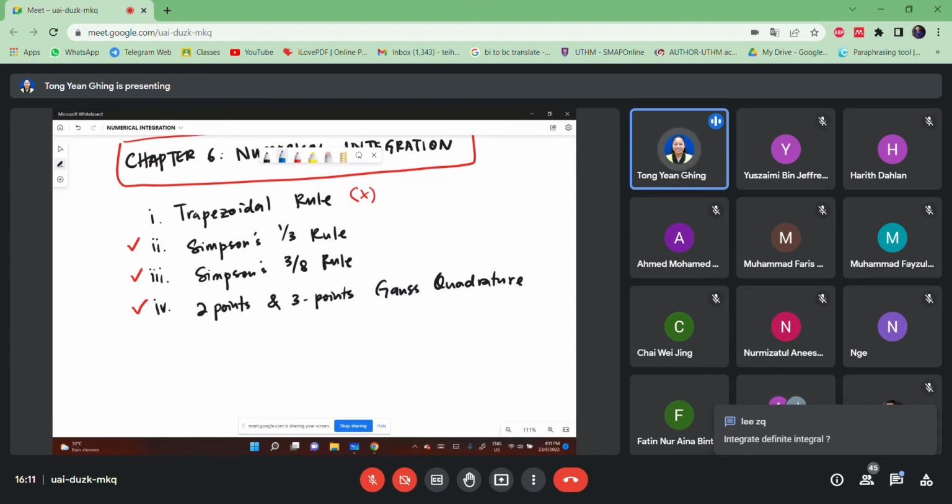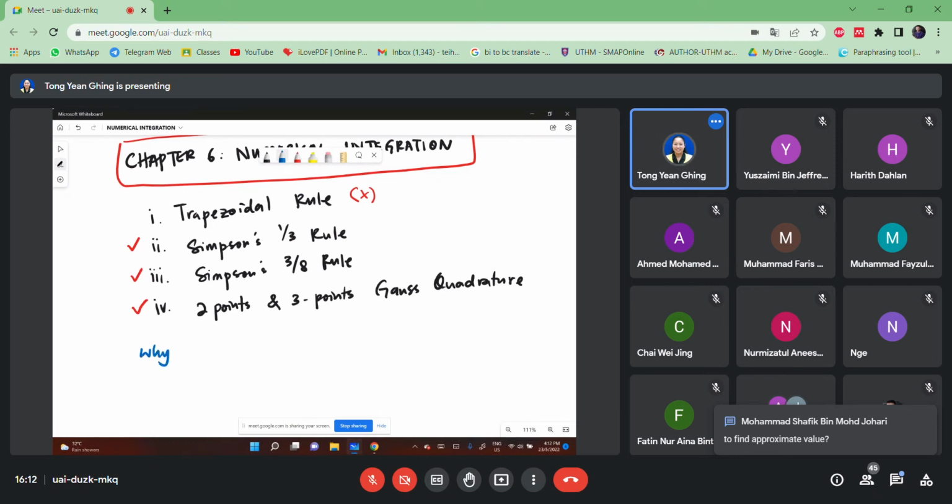Integrate, definite integrals. Okay, Ziqing said that it is because we want to integrate definite integrals. Yes, it can be said that because the function is too complicated and we cannot find the exact solutions, we can use this. Why do we use this?